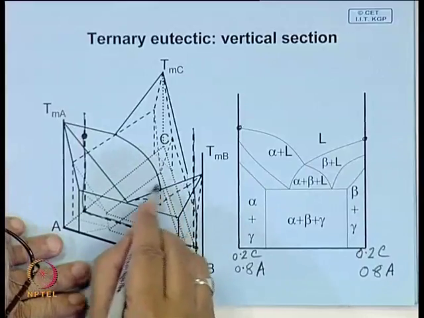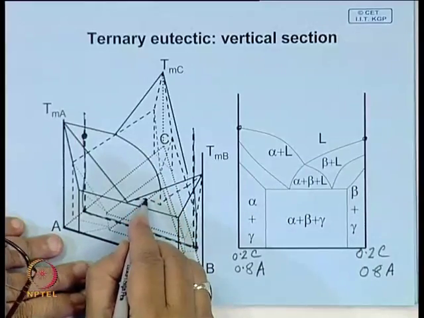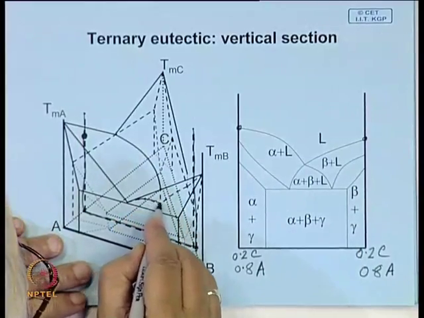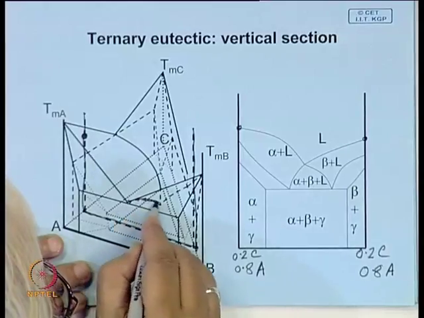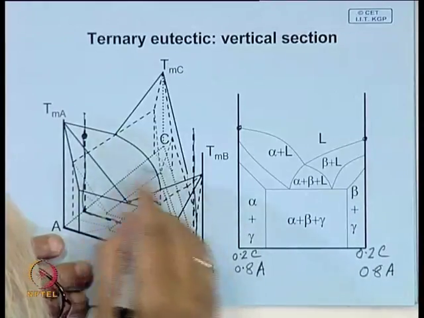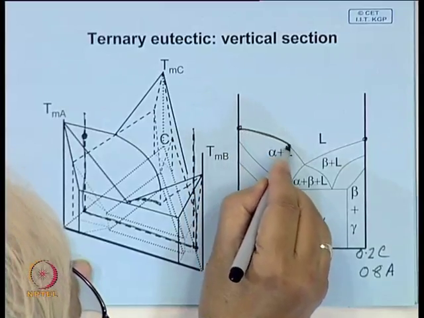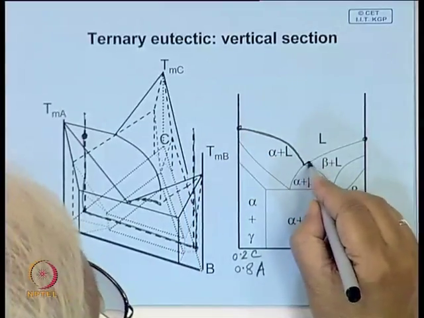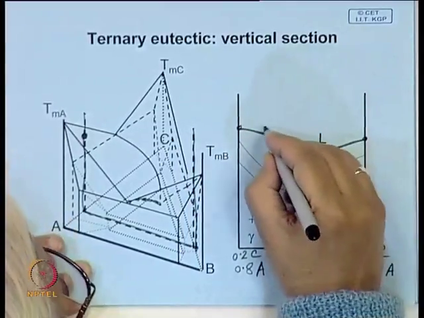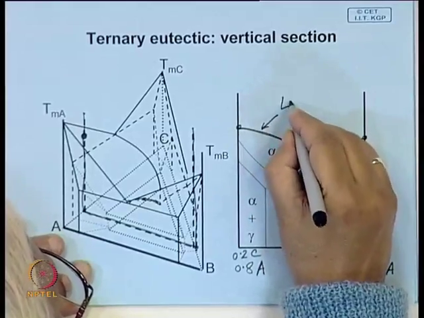This also will come like this and meet somewhere along that curve where both the surfaces are meeting. So, these two are easy to visualize. So, this is the liquidus.